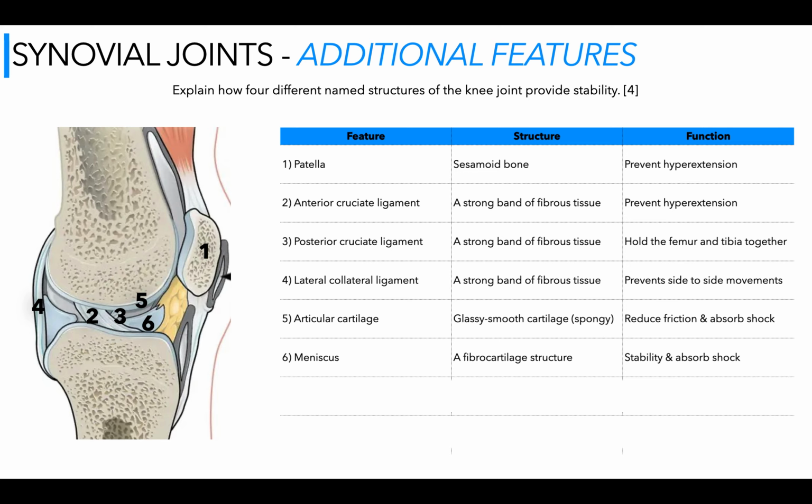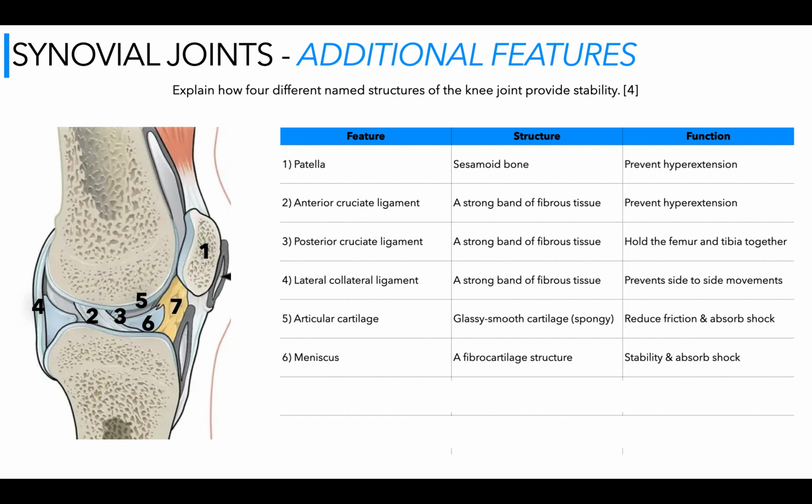And if you remember when I spoke about the synovial joint having a space in between, this joint is the least stable of the classifications. It's so crucial that we have these features in order to strengthen and support when we are moving to prevent injuries.